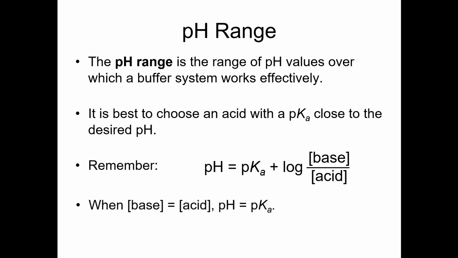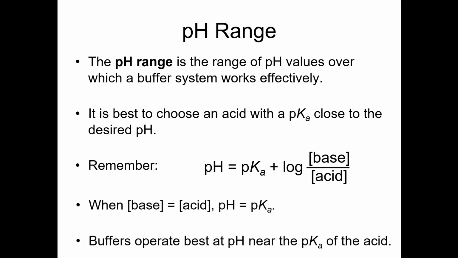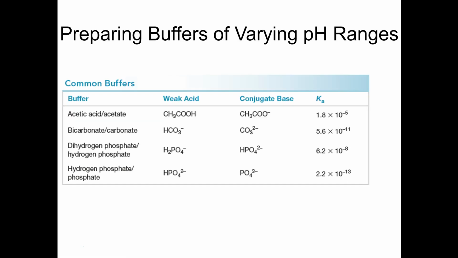So you really want to pick a buffer system that has a pKa within 1 log unit of the desired pH that you want. And so here are some typical buffer systems we might consider using. Acetic acid acetate, bicarbonate carbonate, dihydrogen phosphate, monohydrogen phosphate, phosphate.